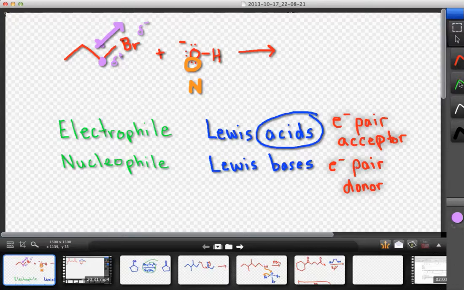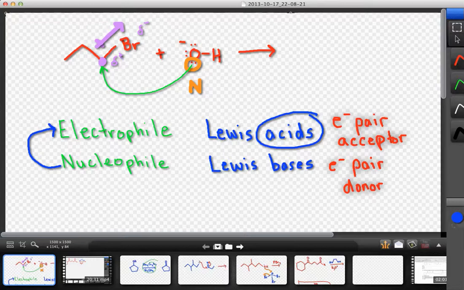Now, in actually pushing the arrows, the lone pair from the oxygen atom will attack and make a bond to the carbon atom that is deficient in electron density. In other words, the most reactive nucleophile attacks and makes a bond with the most electrophilic atom in the reaction system.